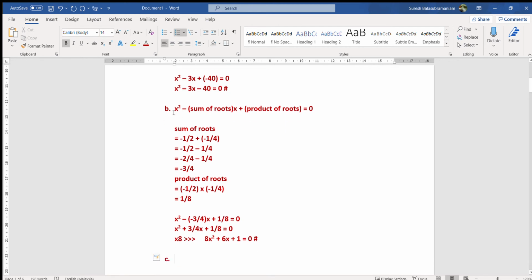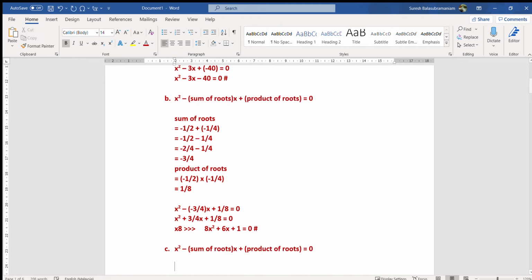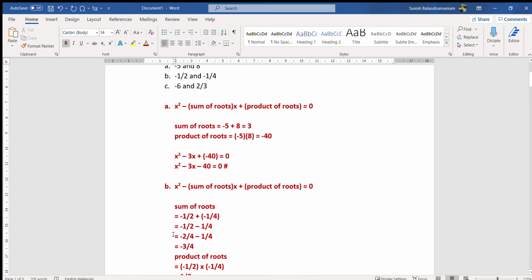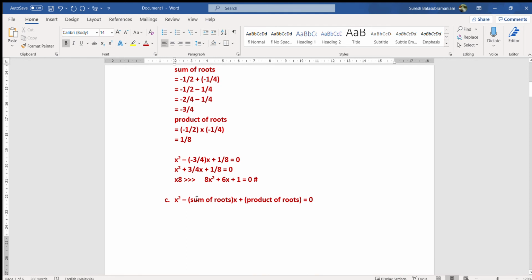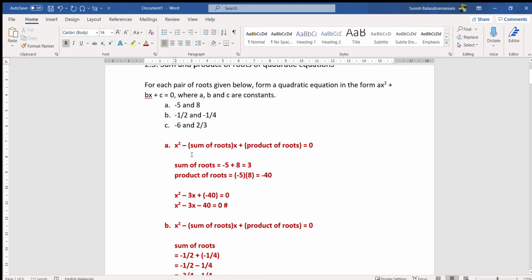I will copy paste again, and try to find the sum of roots and product of roots. So we have negative 6 and 2 over 3.